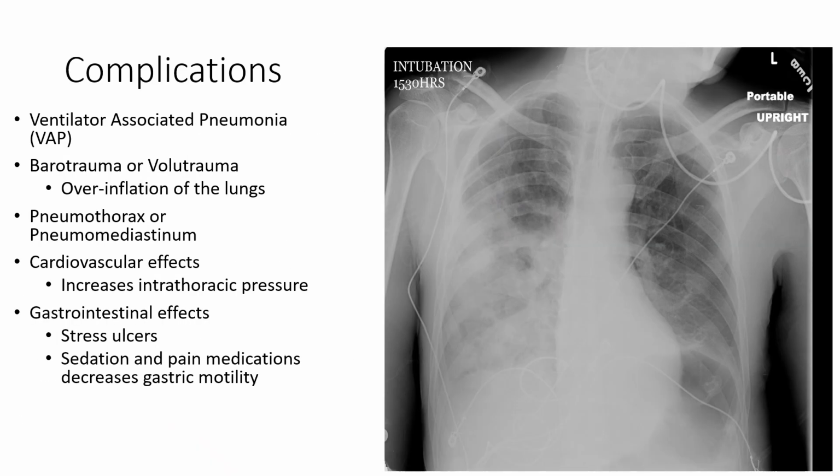Now, anytime we introduce something new to the body, it is going to come with certain risks. One of the major risks of mechanical ventilation is going to be ventilator-associated pneumonia. Now, a ventilator circuit is a closed circuit.